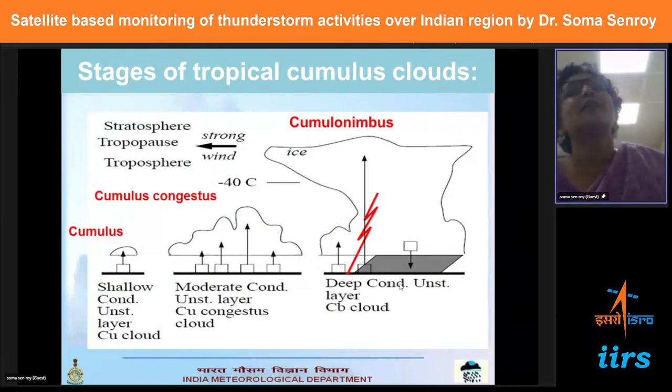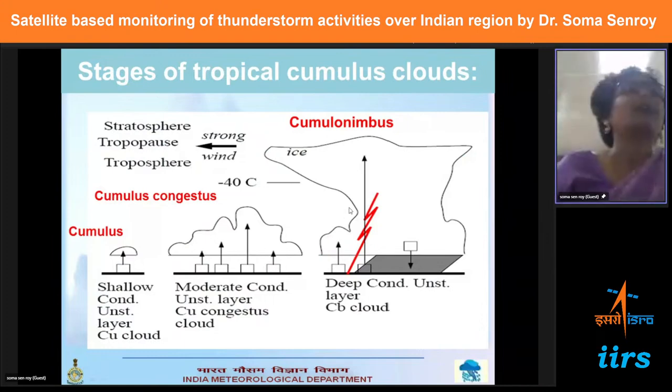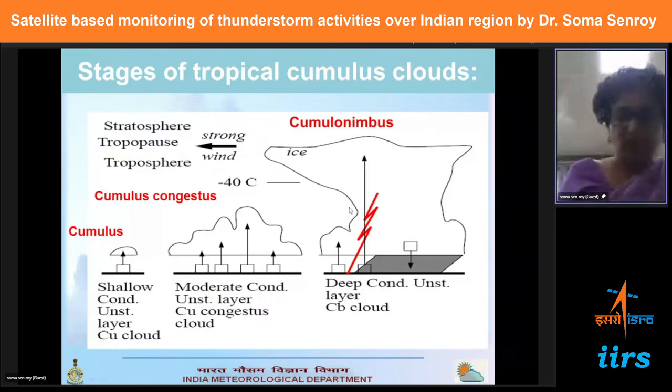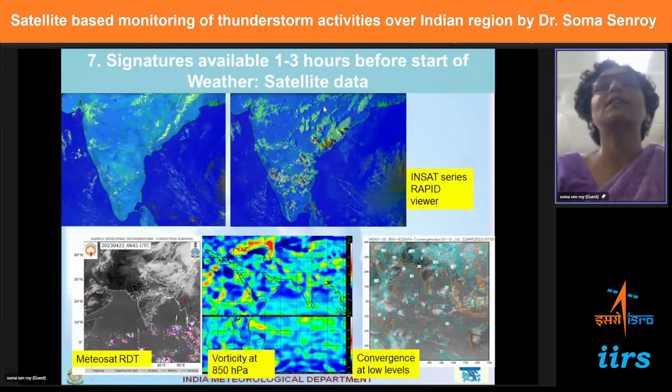So far, we have discussed the cumulonimbus stage, whether the satellite is detecting the cumulonimbus stage or not. But even at the cumulus stage, our present generation of satellites is very well capable of giving an indication where thunderstorms are likely to happen. So this is a very nice picture of the cumulus stage.